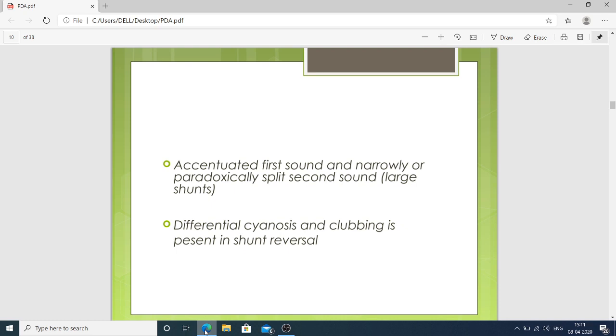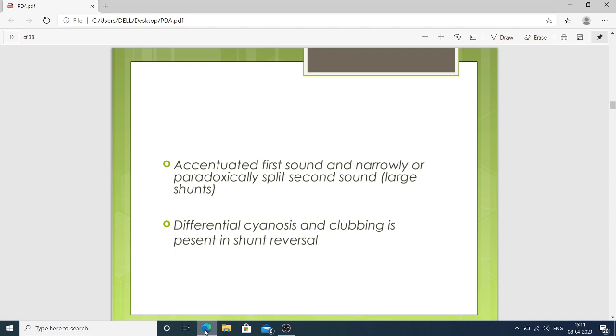Next is accentuated first sound and narrowed or paradoxical split second sound. What do you mean by accentuated sound? It is a sound which is noticeable when the doctor, nurse or health personnel try to listen. That time this sound is noticeable.